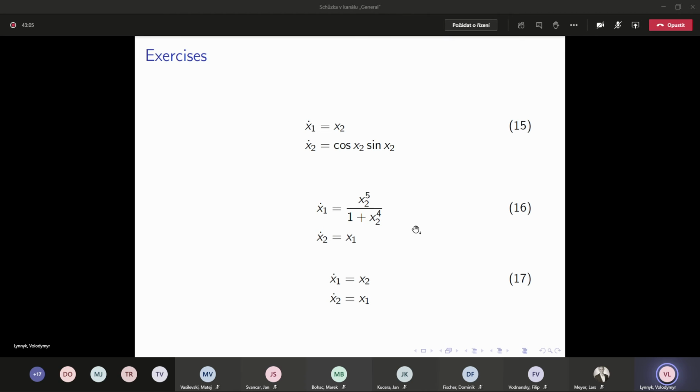Can you check this second or this third, for example? Maybe someone can say something about this third example.